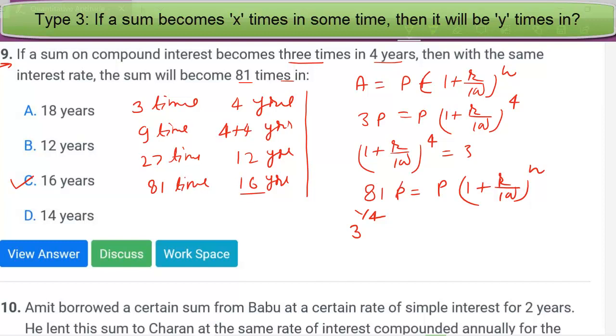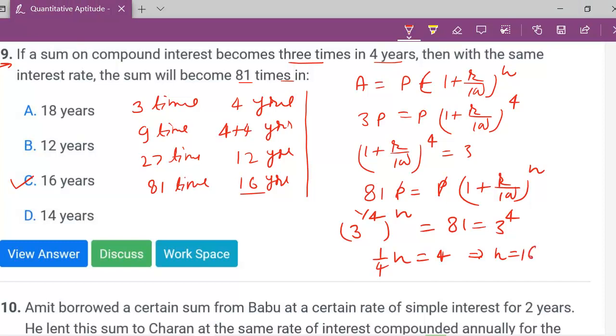So (3 raised to power 1 by 4) raised to power n will give you 81, which is basically 3 raised to power 4. If you compare these powers, you will find 1 by 4 n is equal to 4, or n is equal to 16. So here also with this method you got the same value. So the answer for this question is C.